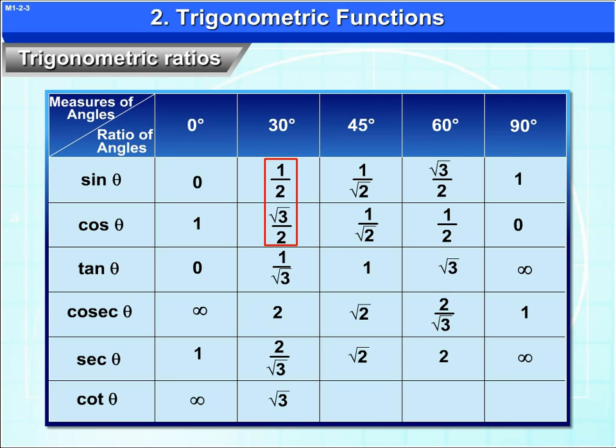So that equals root 3. 1 upon root 2 upon 1 upon root 2, root 2 gets cancelled. So that equals 1. 1 upon 2 upon root 3 upon 2, 2 gets cancelled. So that equals 1 upon root 3. And 0 upon 1 is equal to 0.